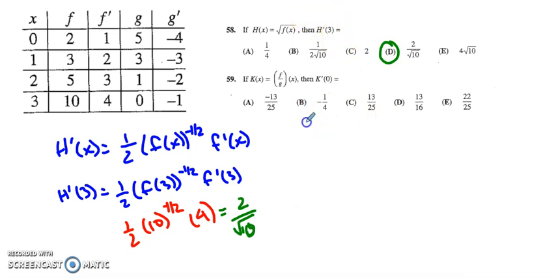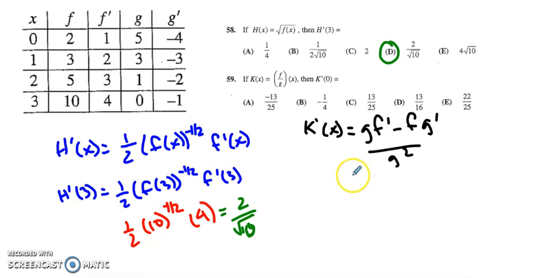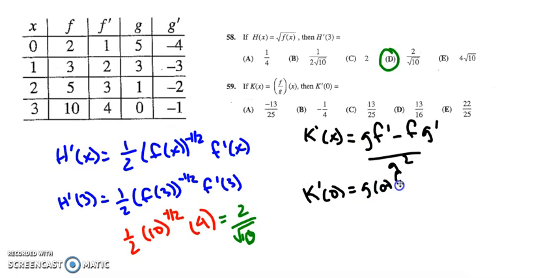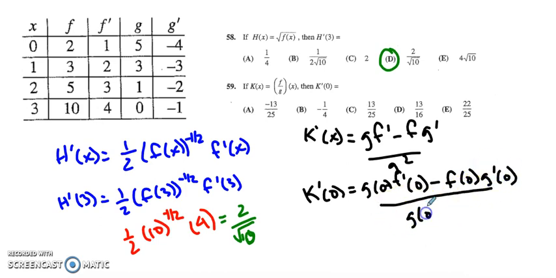59 is another quotient rule problem. So k prime of x equals low D high minus high D low, square the bottom. So for plugging in k prime of 0, I need g of 0 times f prime of 0 minus f of 0 times g prime of 0, all divided by g of 0 squared.